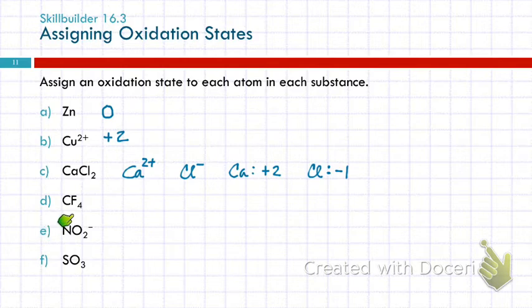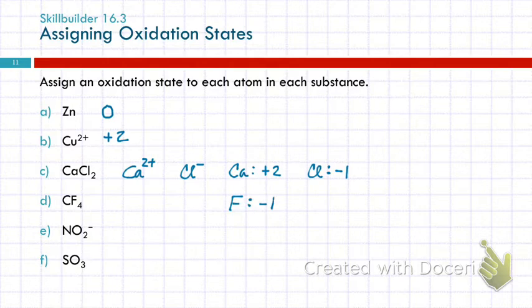CF4. There aren't any ions here, because these are 2 nonmetals. So this is where the oxidation states really come in handy. So F 765. Fluorine, is there fluorine here? Yep. What does fluorine want? -1. So fluorine gets to be what it wants because it's first on the list.